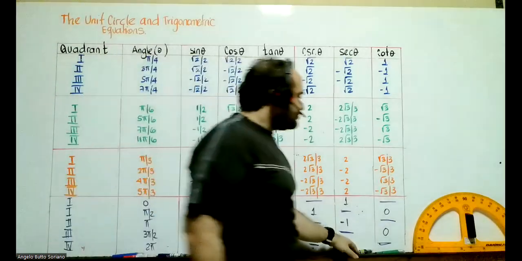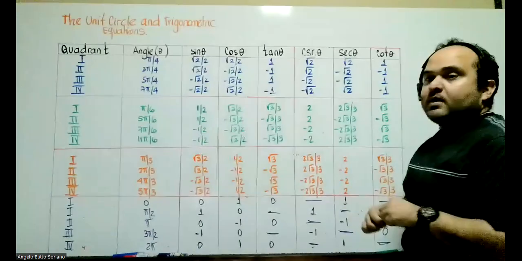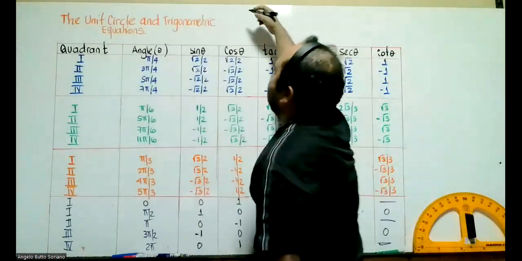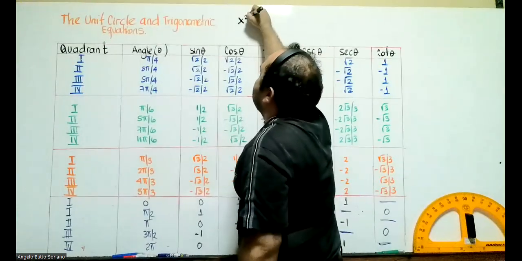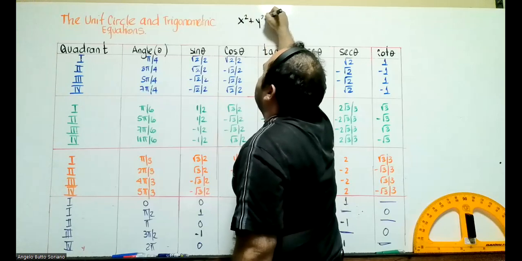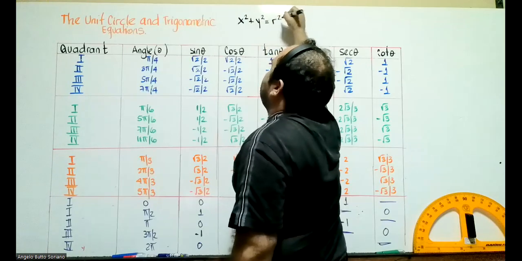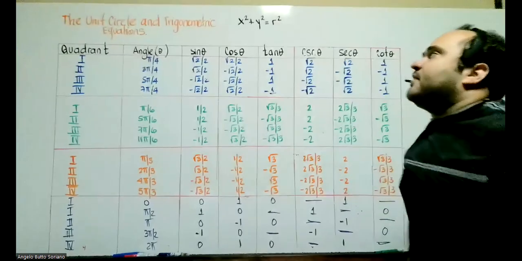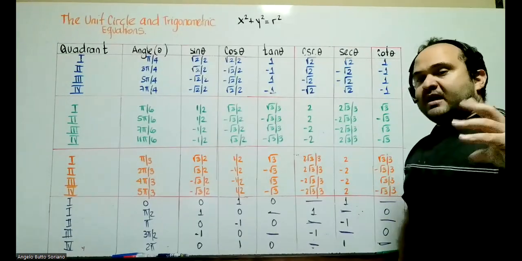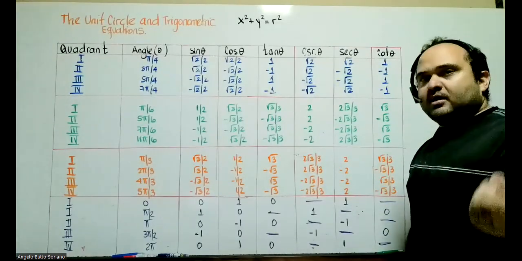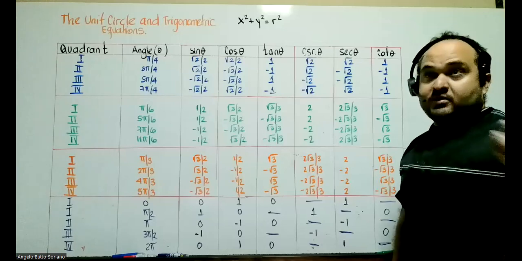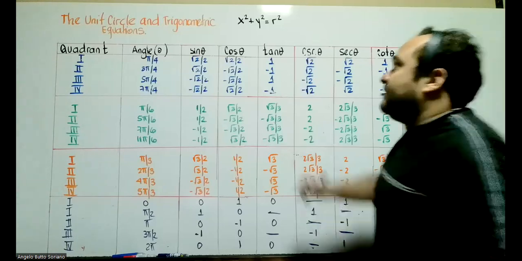So this is the equation of the circle with the center at the origin and radius r. But because we're talking about the unit circle, the name comes from the radius of this circle being 1.